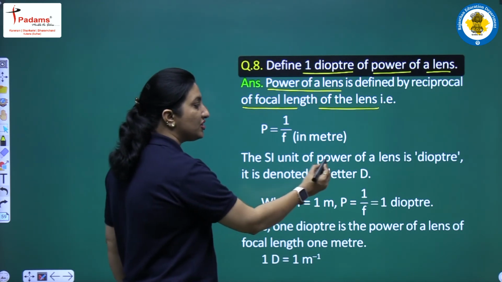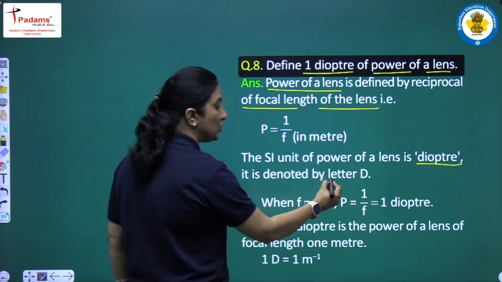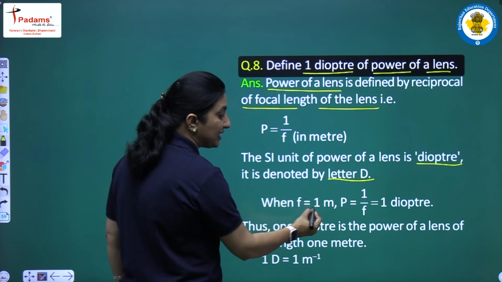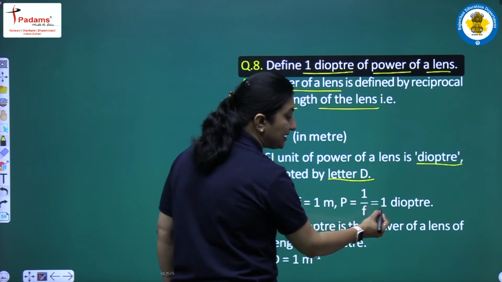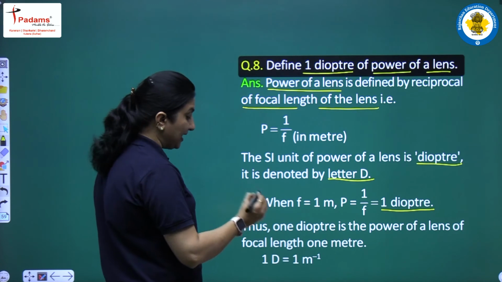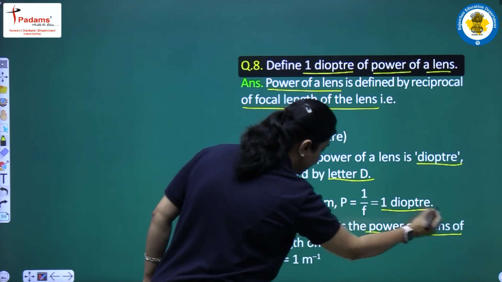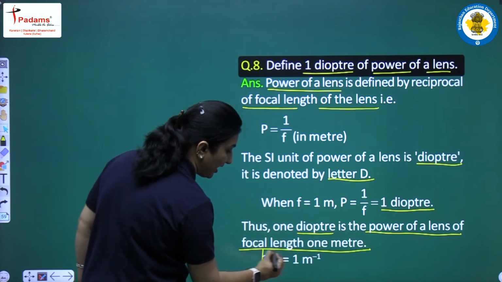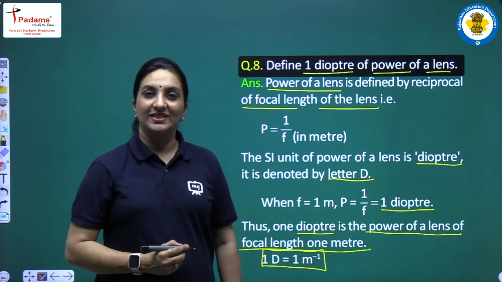So, the SI unit of power of lens is diopter and it is denoted by the letter capital D. So, when f is taken to be 1 meter, then P is equal to 1 upon f is equal to 1 diopter. So the definition will go like this, that 1 diopter is the power of a lens of focal length 1 meter, and 1 diopter is given by 1 meter inverse.